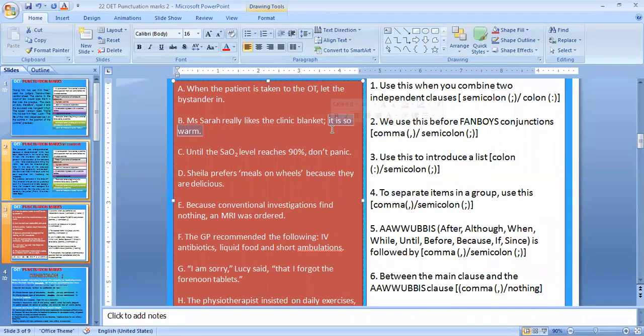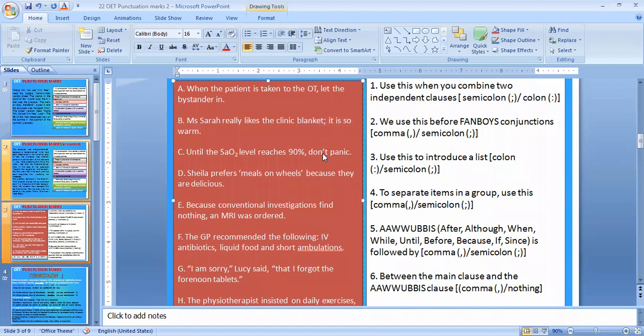So when 2 related meanings are expressed in 2 different clauses, they can be joined with the help of a semicolon, not a colon. So this colon is wrong. Semicolon is right here. Fine, very good.